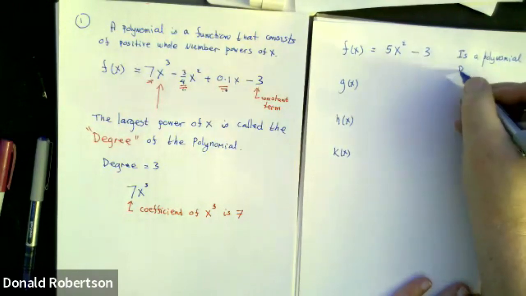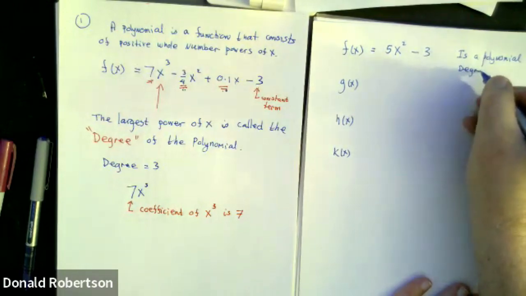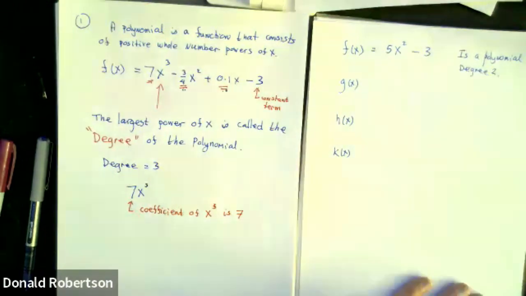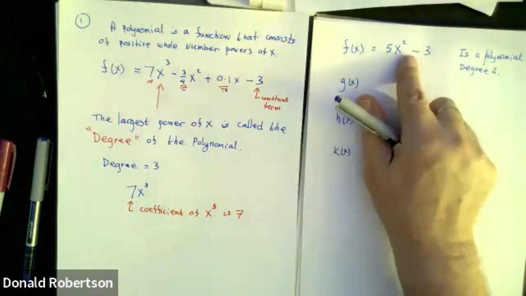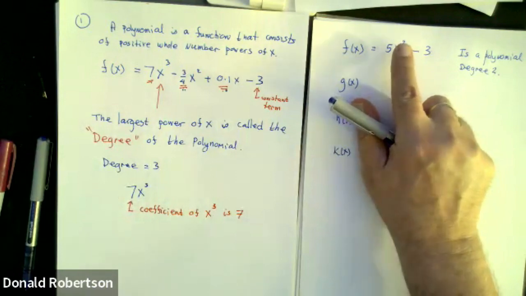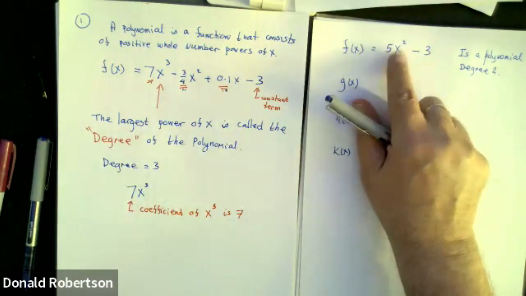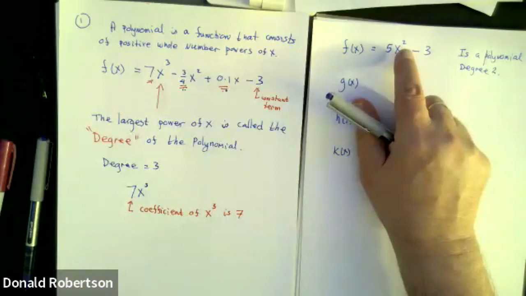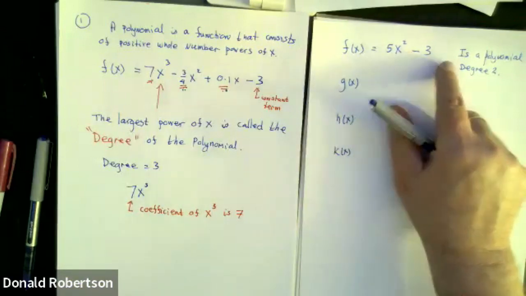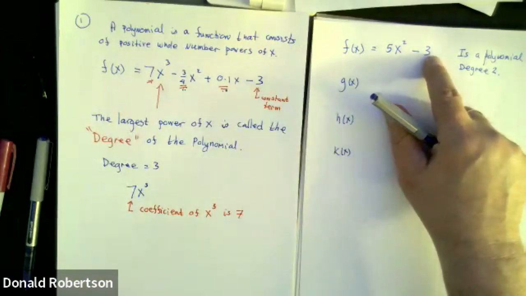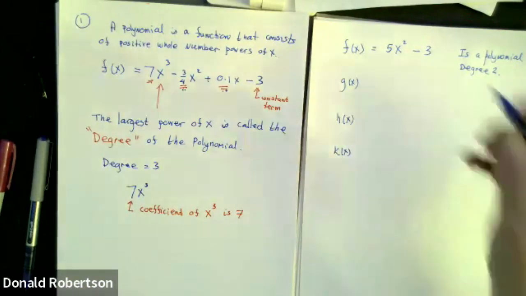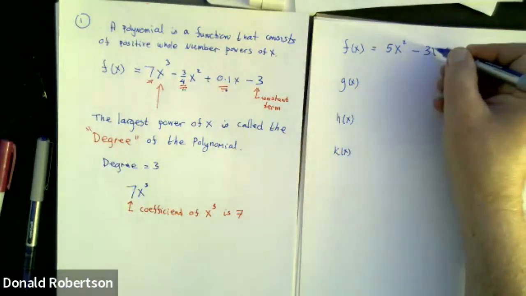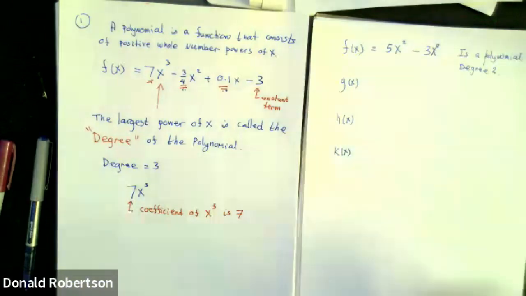In fact, it's a polynomial of degree 2. Now, a couple of things. Have you noticed that there's no x term? There doesn't need to be. There just needs to be whatever terms are there, all containing positive whole number powers of x. Now, you might think, well, 3 doesn't have a power of x. I guess the way it's written, it doesn't. But if you think of it as being 3x to the 0, it now does.